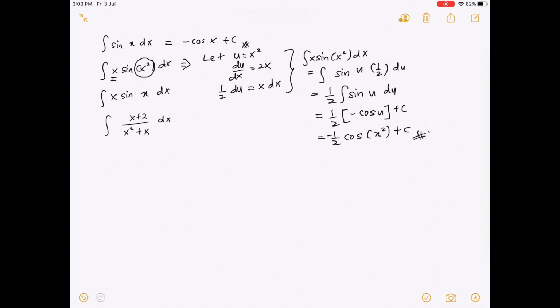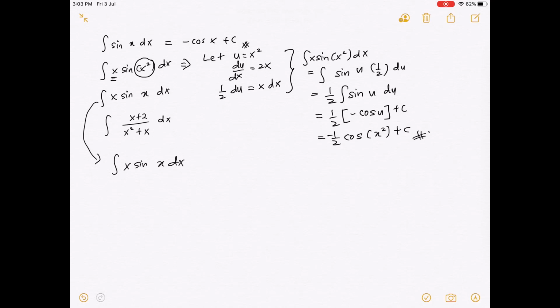Okay, the third one, more or less it looks similar to our previous integration. However, now I only have sine x. It's not sine x squared, it's only sine x. So it's a product of two different functions, algebraic and trigo.